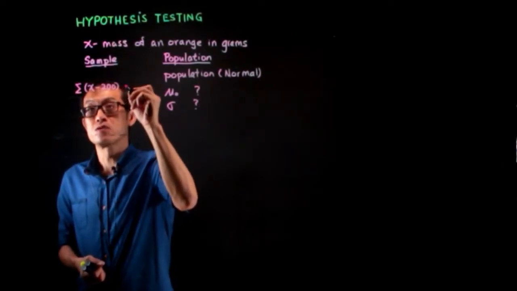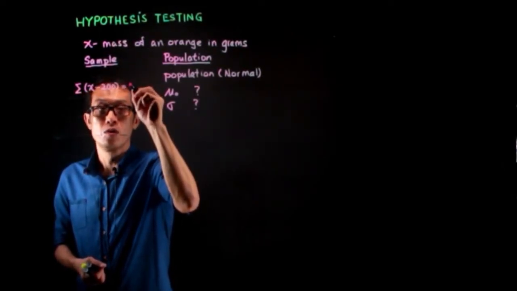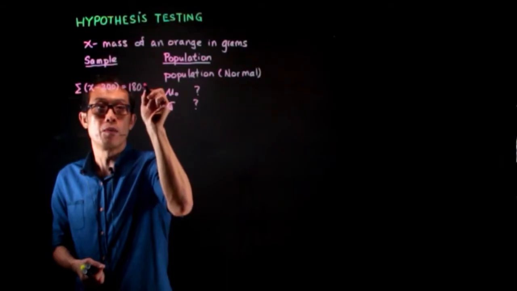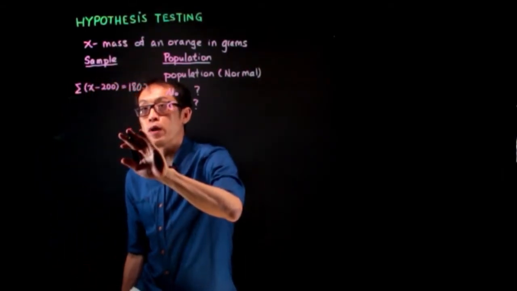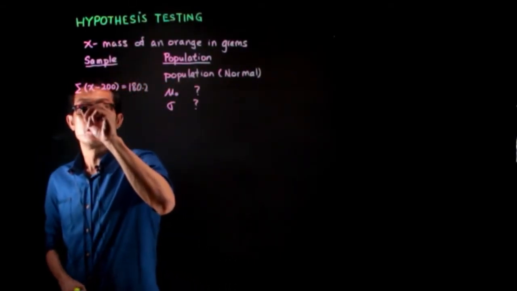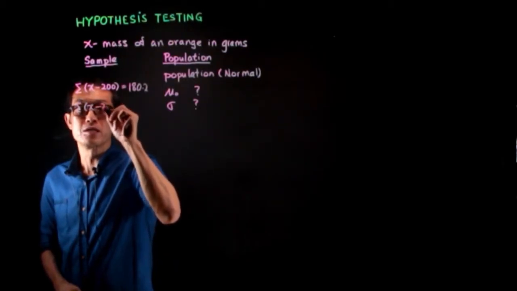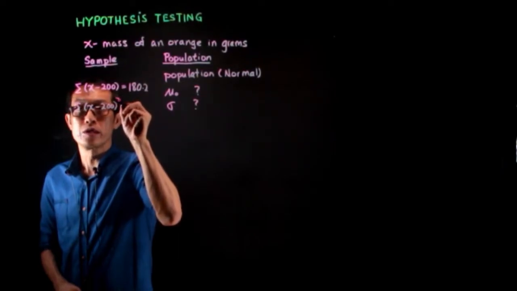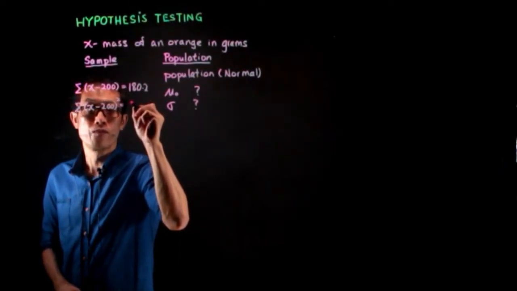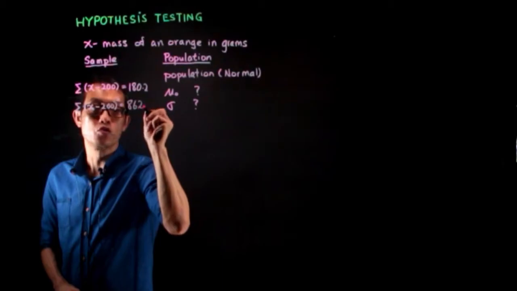Summation of x minus 200 is equal to 180.2. It is also given that summation of (x minus 200) squared is equal to 862.1.